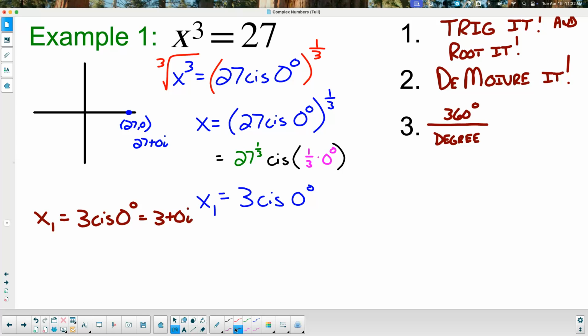What was our degree? Not our angle. What is the degree of the polynomial? 3. It's the biggest power, remember. Okay? Not the degree of the angle. No, no, no, no. Degree of the polynomial is different. So it's 3. So what's 360 divided by 3?